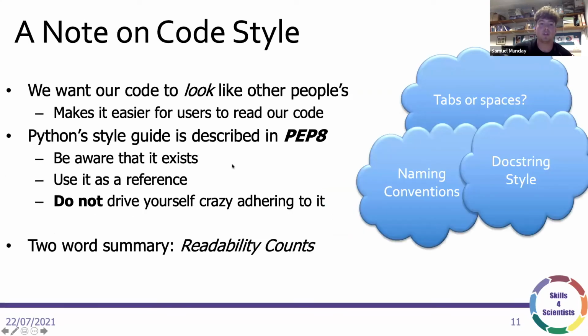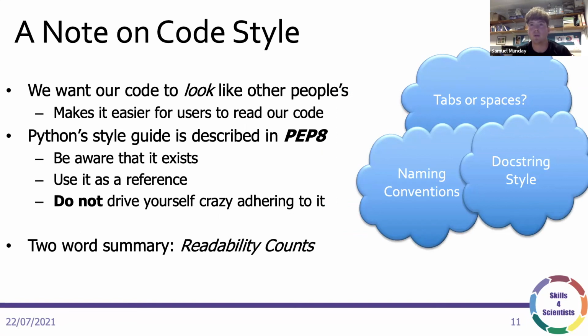Then we can move on to code style. We want our code to look like other people's code. We want it to be pretty, as the Zen of Python said. The style guide for Python is described in PEP 8, so you can go and have a look at it and try to emulate how it works.